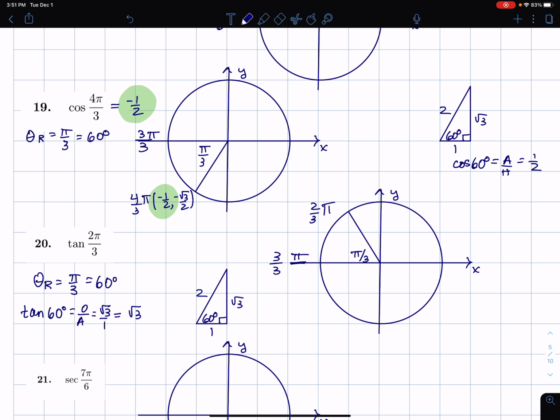And I see that in quadrant 2, x is negative and y is positive. Now, tangent of theta in general is y over x. So if y is positive and x is negative, I'm going to get that tangent is √3 and it's negative. Negative because of the quadrant in which it lies.